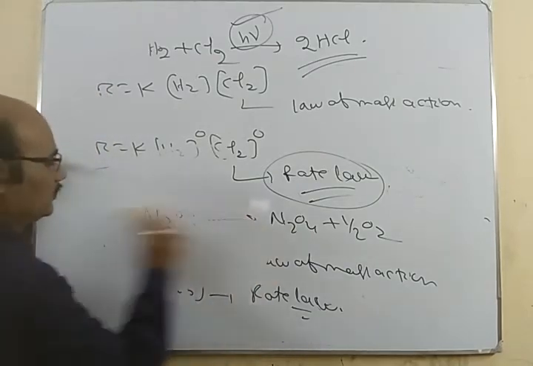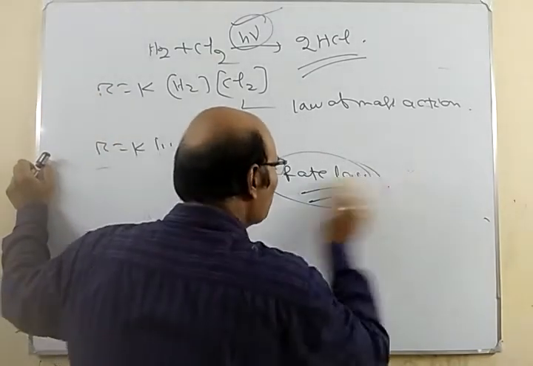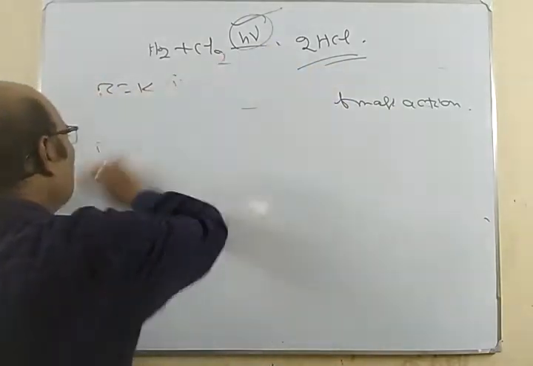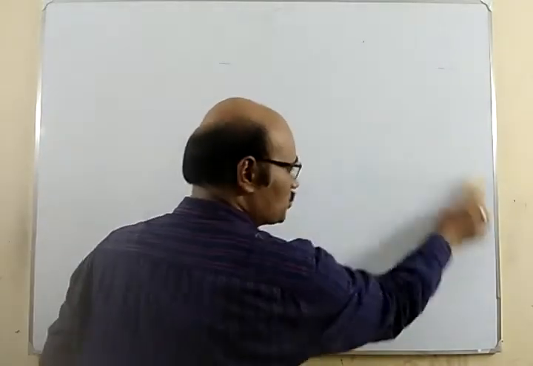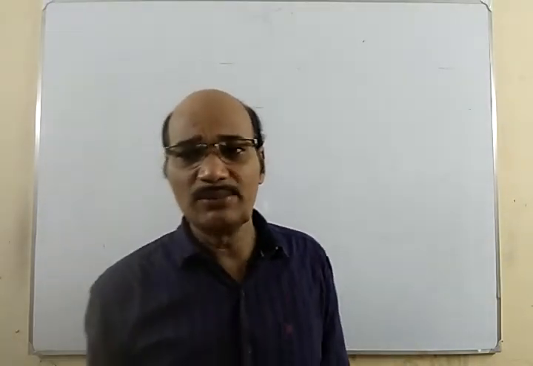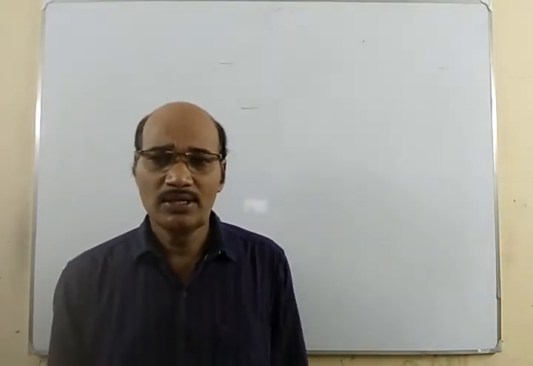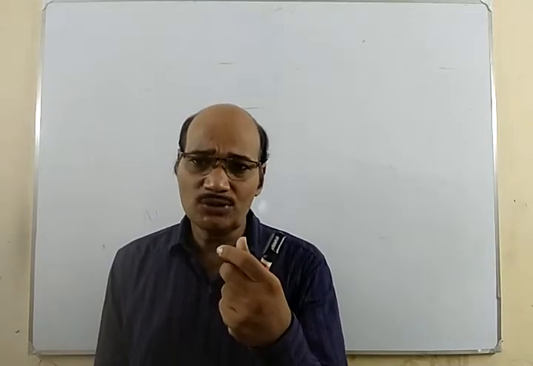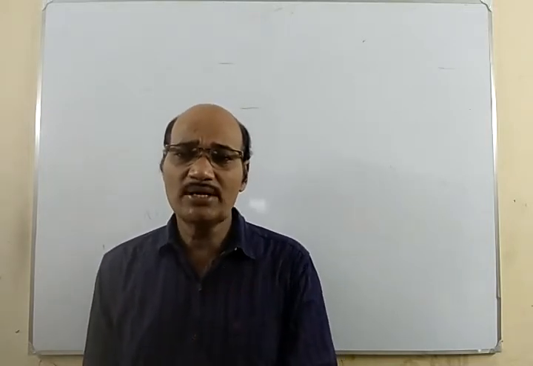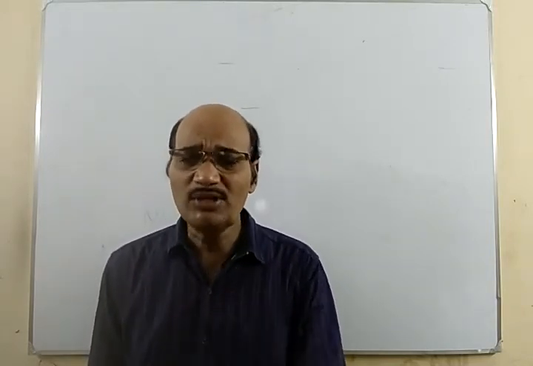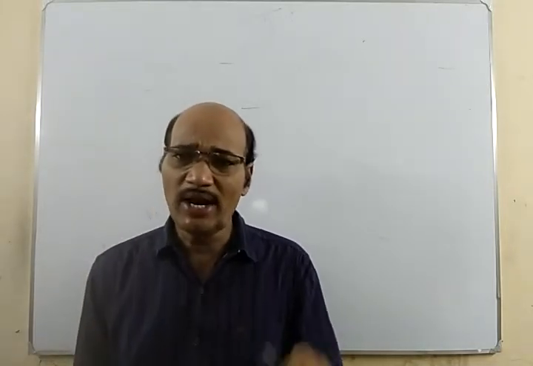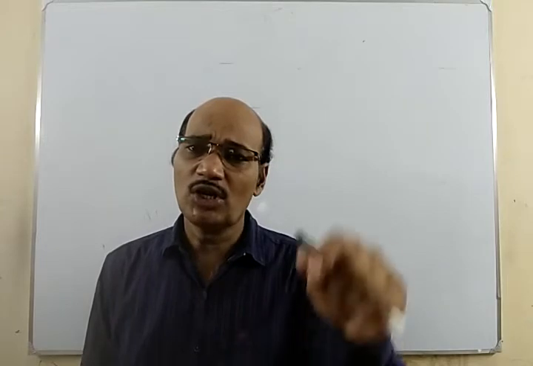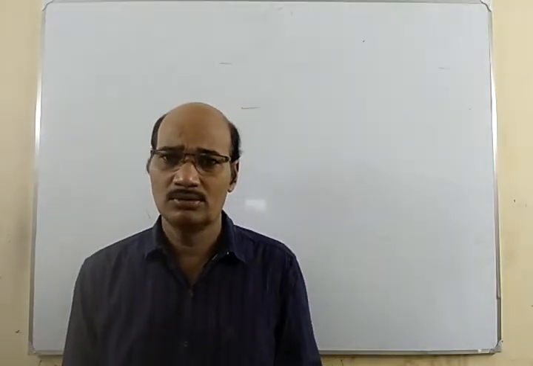Okay. Now we see whenever a particular chemical reaction is going on, the reacting molecules are colliding with each other to bring about the chemical reaction. Okay, and the total number of molecules which are simultaneously colliding to bring about the reaction is called molecularity, and that we can determine from the law of mass action.